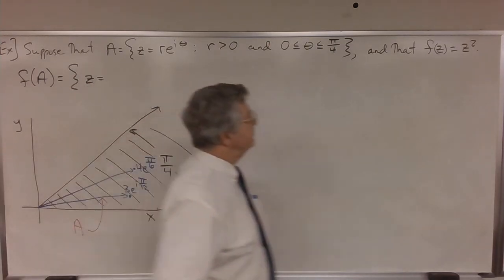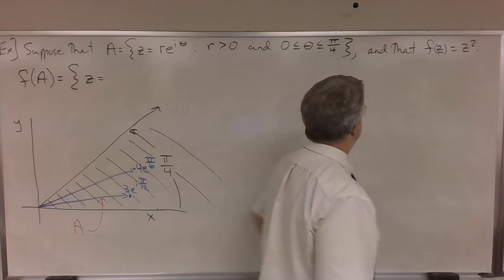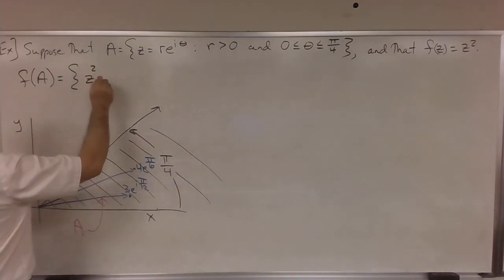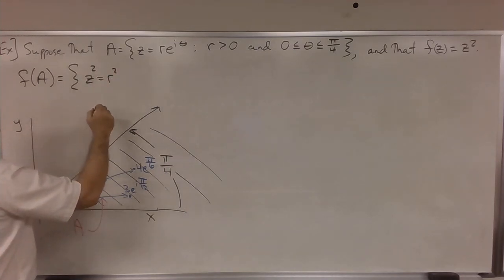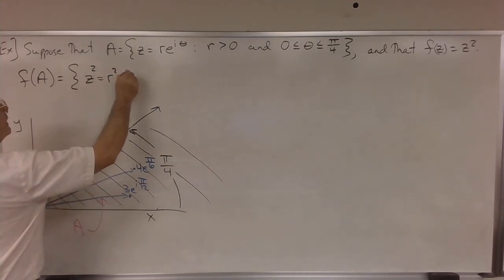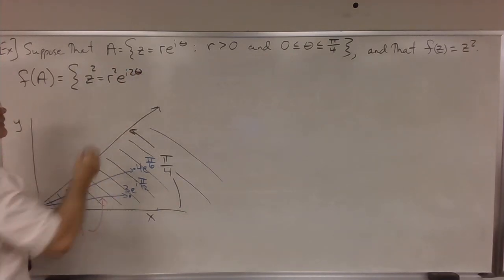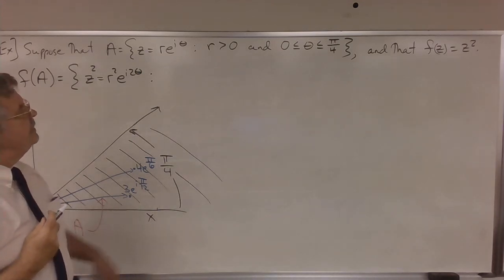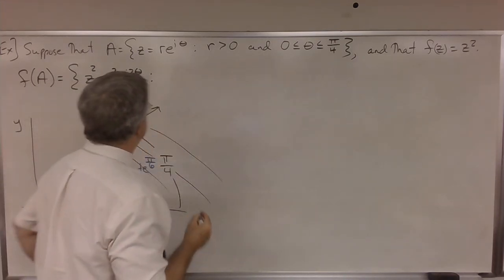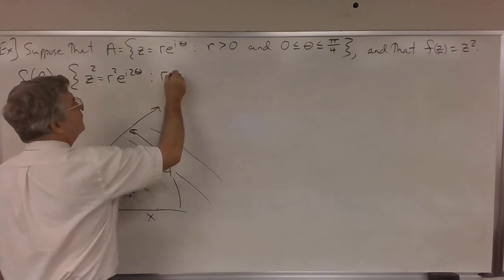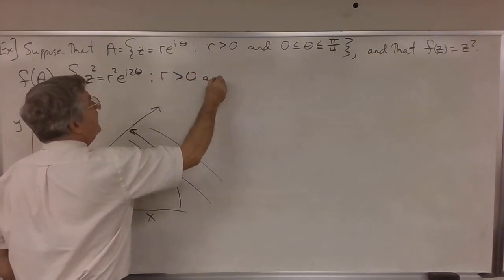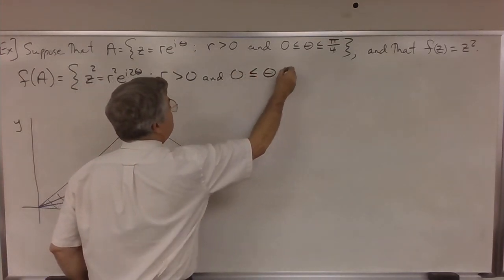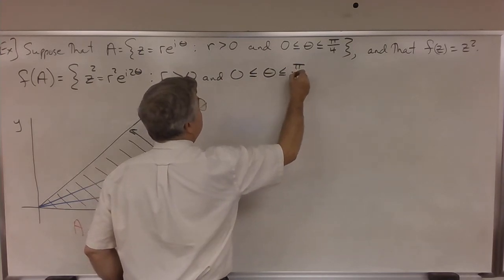Let's do it this way. f of z equals z squared. So we'll say that f of A is the set of all z squared, which equals r squared e to the i 2 theta. And since z has to be in this region originally, we'll say such that r is greater than 0 and such that the original angle theta is between 0 and pi over 4.